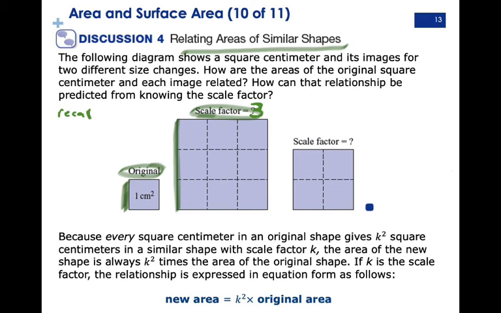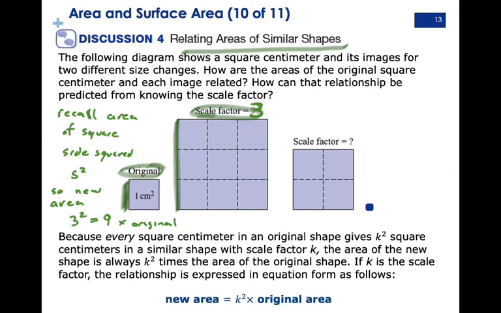Now we recall here that the area of a square, right, is going to be the side squared because length times width. And so if we're trying to find out the area of the new figure, we would just take that scale factor and square it. And that'll mean that it'll be 9 times as much. So if we have a scale factor of 3, then the new area here would be 9 times, which is 3 squared.